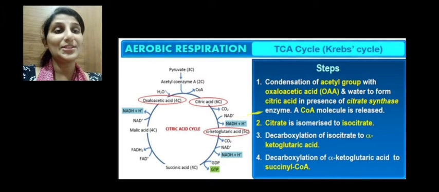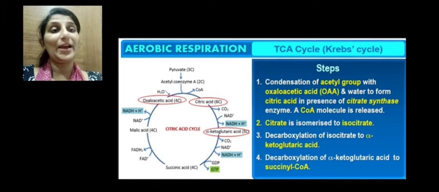So carbon dioxide is released and alpha ketoglutaric acid is formed from isocitrate. In this process, the coenzyme NAD+ is reduced to NADH + H+.